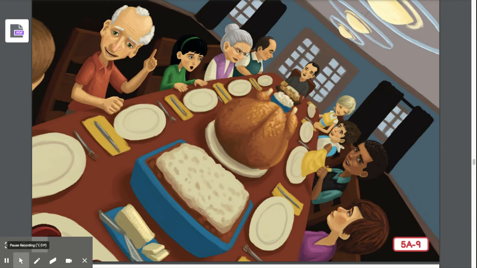In my family, my grandparents and cousins and uncles and aunts from all over travel to have Thanksgiving dinner together. I always look forward to the grand feast of turkey, stuffing, potatoes, rolls, and cranberry sauce, with pumpkin pie for dessert. Then my cousins and I play football in the yard.